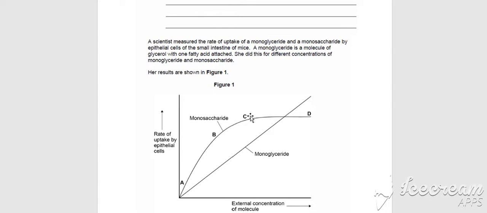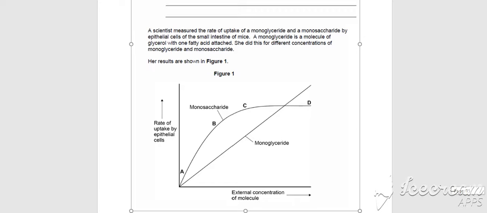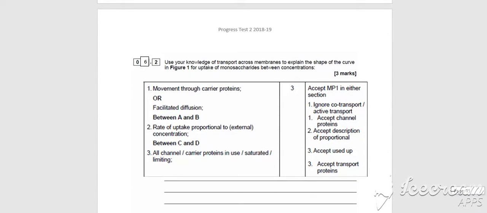But then when we get to part C and D, we get the levelling off, because at this point here, the rate of uptake of the epithelial cells remains constant, because facilitated diffusion is using channel and carrier proteins, and at this point all of those proteins must be saturated. They must all be in use, so your proteins in the membrane are your limiting factor.